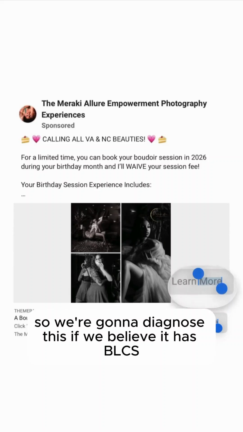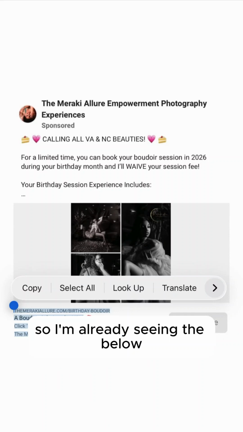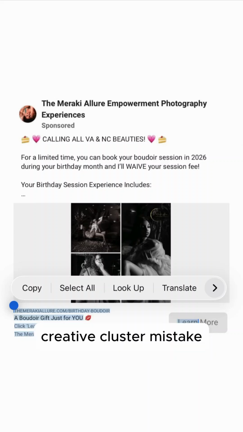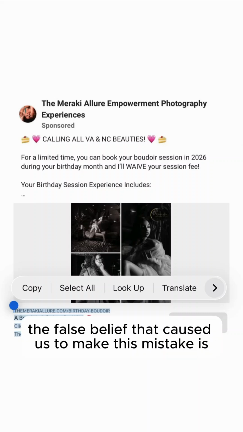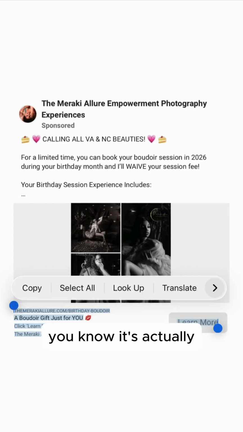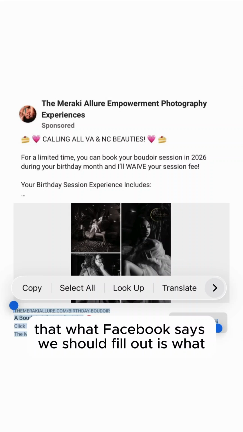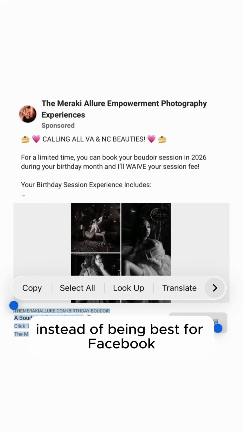So we're going to diagnose this, see if we believe it has BLCS, aka Boudoir low click syndrome. So I'm already seeing the below creative cluster mistake. The false belief that caused us to make this mistake is actually trusting that what Facebook says we should fill out is what is best for us to fill out, instead of being best for Facebook.